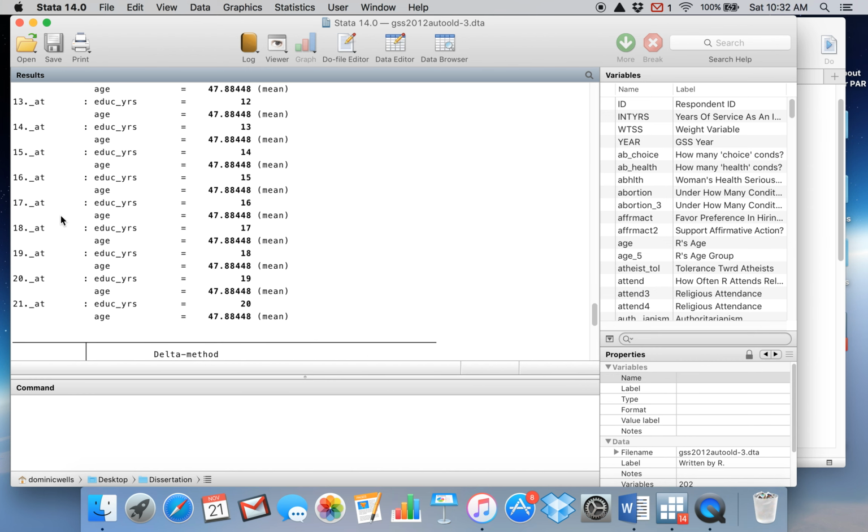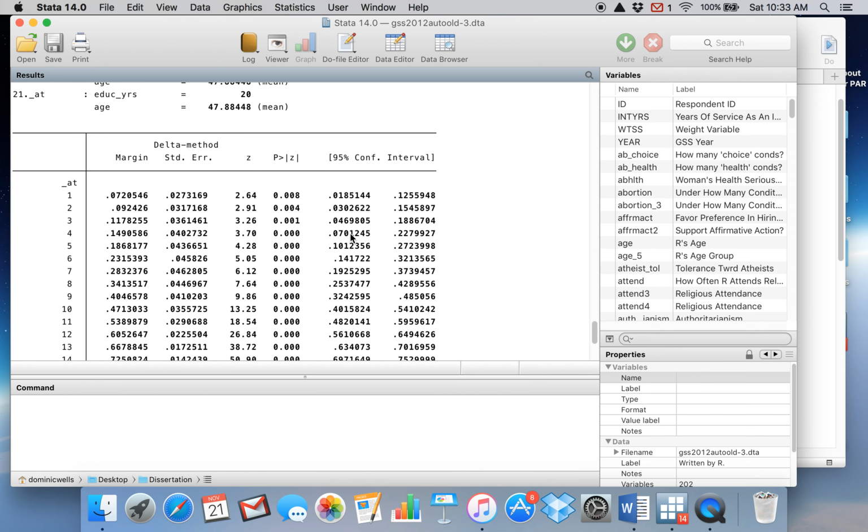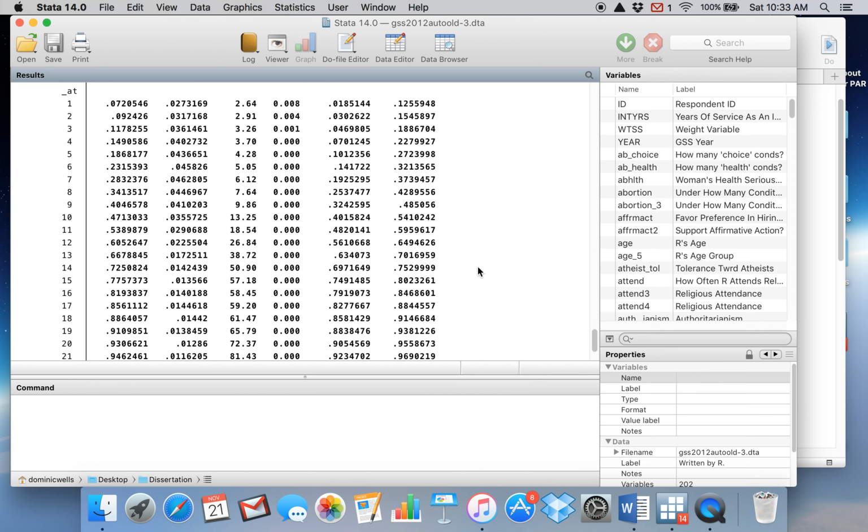And the age is held at the mean, which in our sample, in the GSS, is almost 48 years old. So we can see what an increase of 1 year of education has on the probability of voting for someone who is roughly 48 years old.